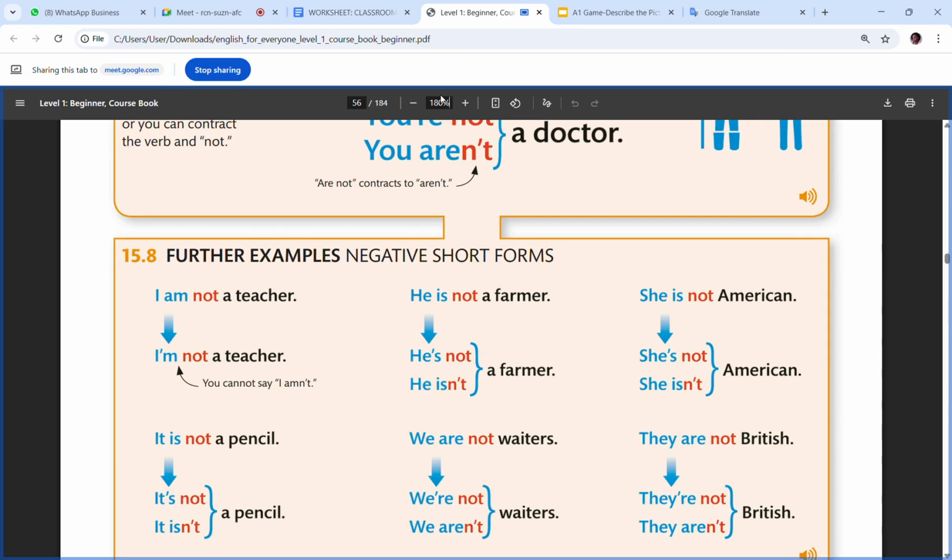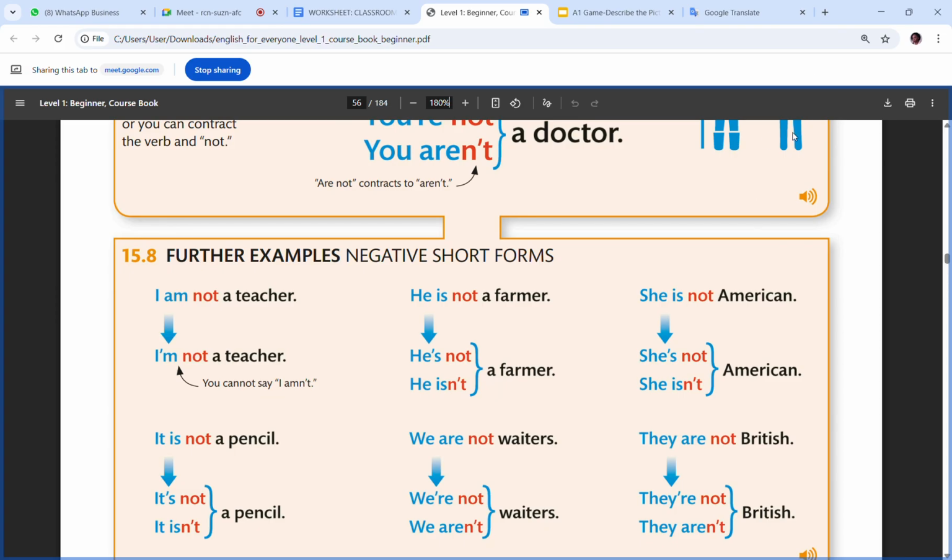My eyes are very bad today, okay? So you need to follow these arrows, right? So I am becomes I'm, I am not becomes I'm not, right? He is not becomes he's not, or he isn't, right? Isn't is the same as is not, right?